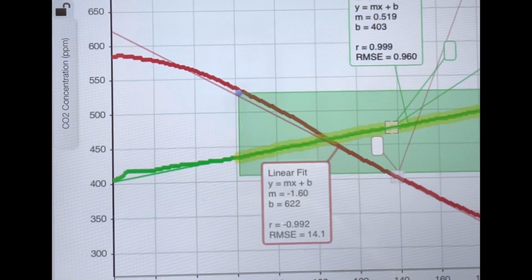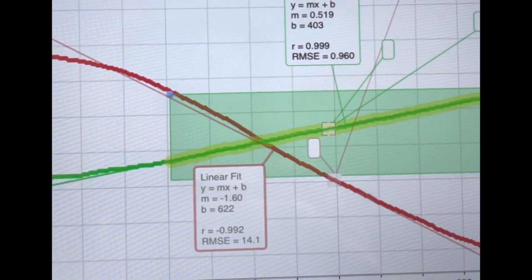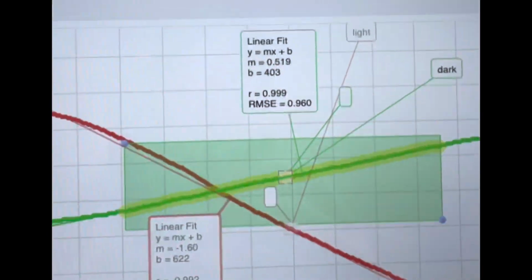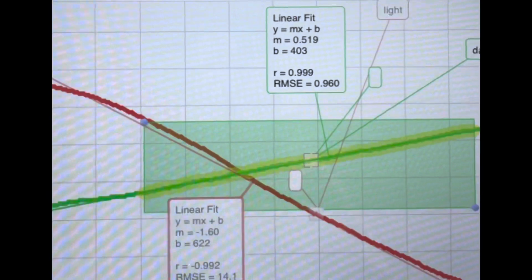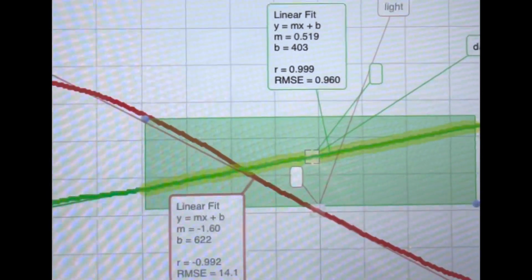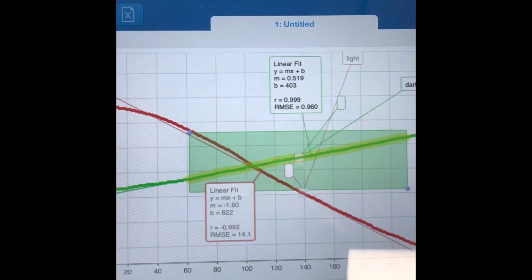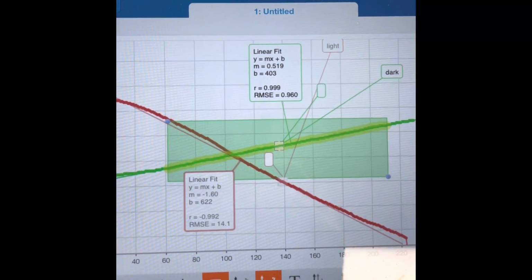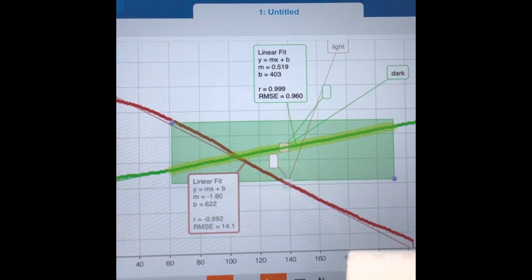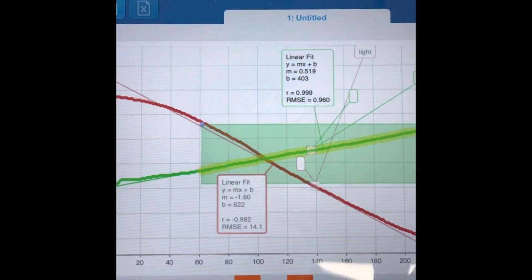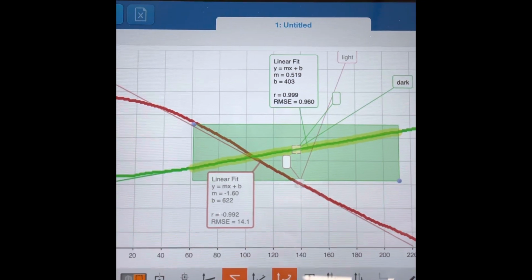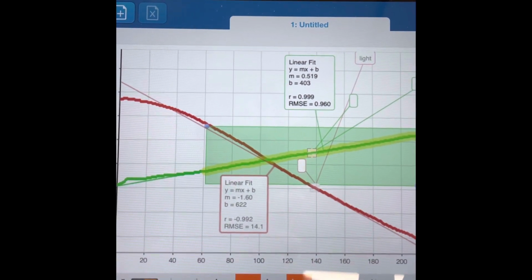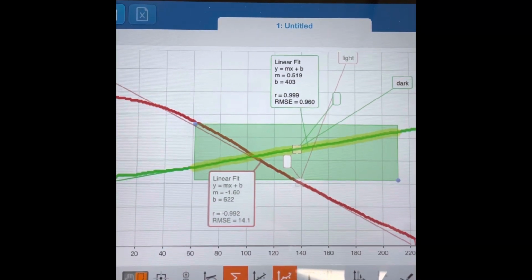Why is the carbon dioxide going down with a fairly steep negative slope with the light on? And then notice the positive slope for the dark. What is going on? Come up with an answer. Be ready to get called on.